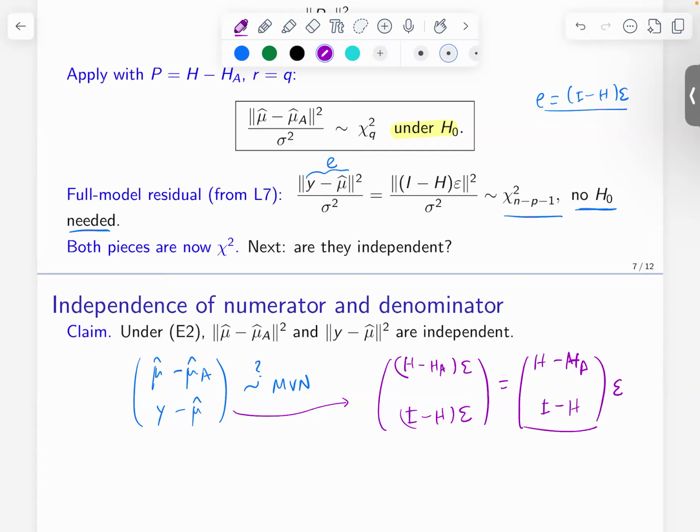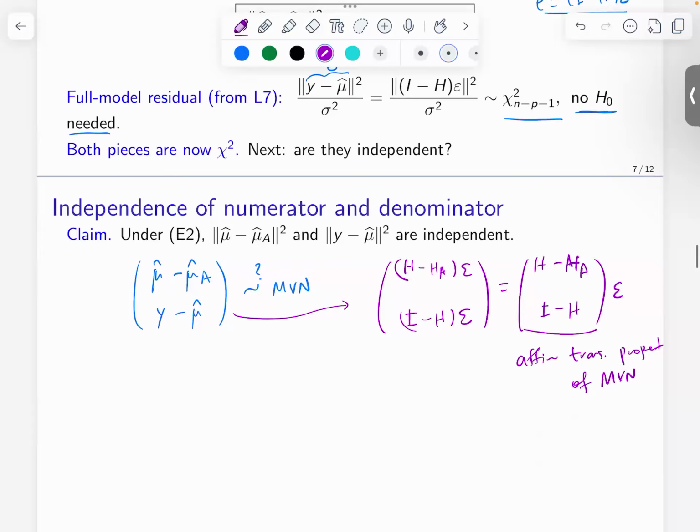So this is some A times epsilon. It's a linear transformation of epsilon, certainly an affine transformation. So by the affine transformation property of the multivariate normal distribution, this is multivariate normal.